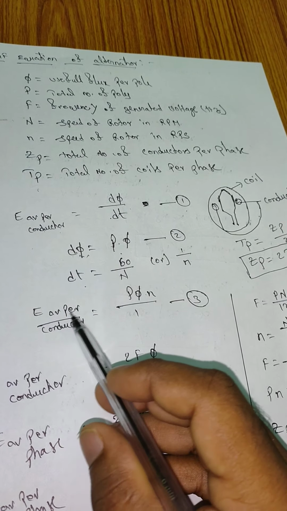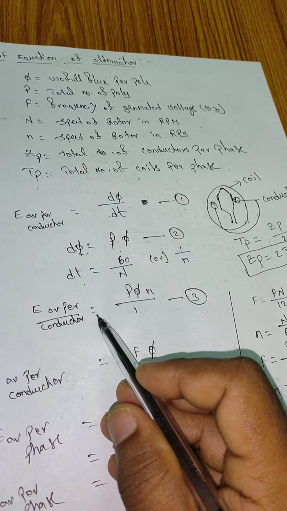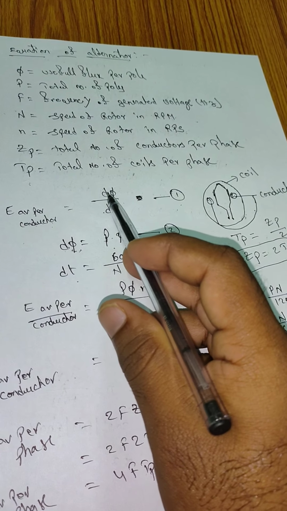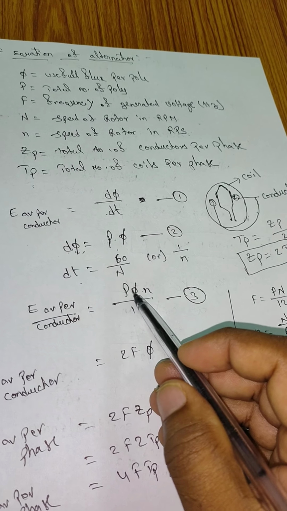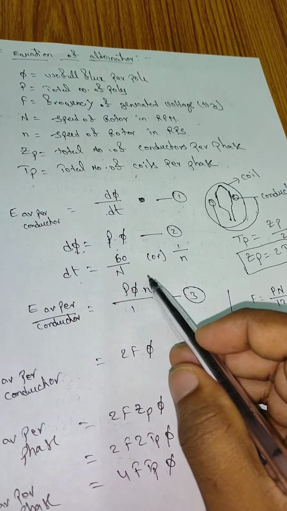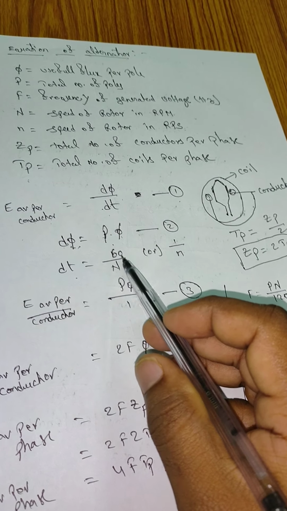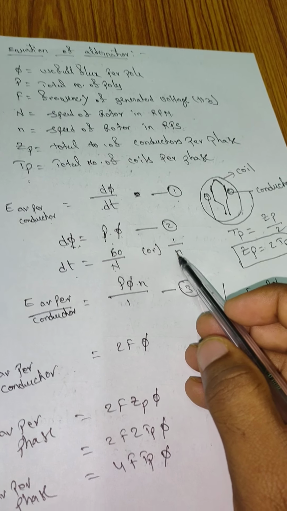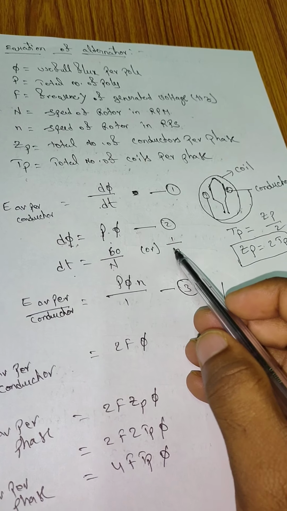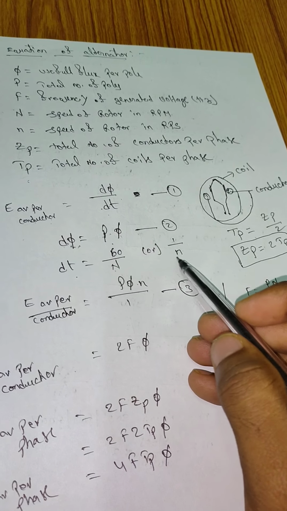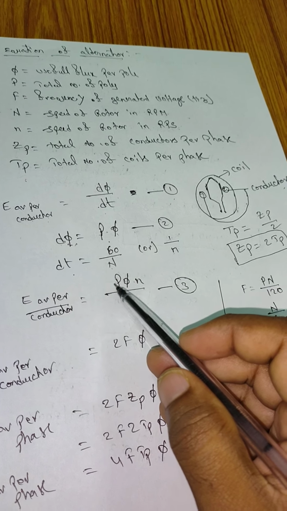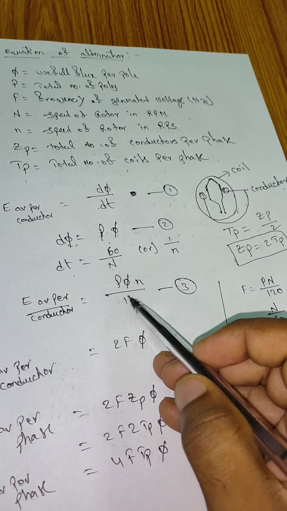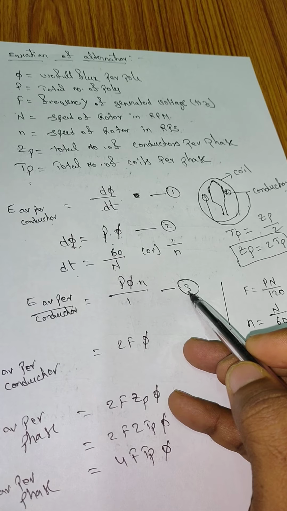E average per conductor is equal to, in place of d phi you can write P phi, and in place of dt you can take either 60 by N or 1 by n. Just taking it for a second, you can take it as 1 by n. You will get the equation as P phi n by 1.